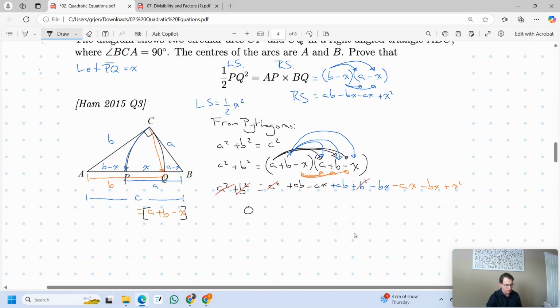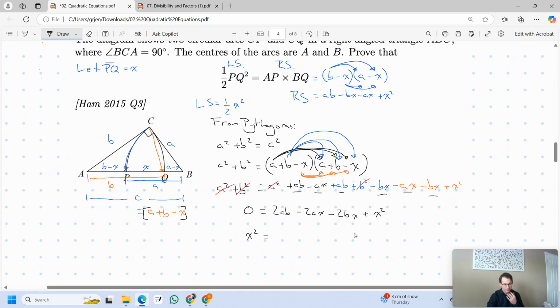So we have 0 on that side is equal to AB plus AB, so that's 2AB, minus AX is minus 2AX, and BX minus another BX is minus 2BX plus X squared.